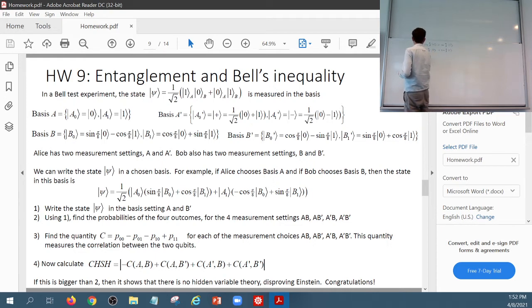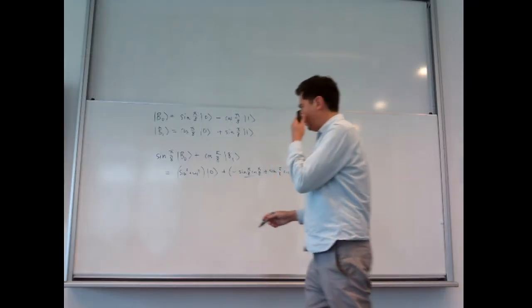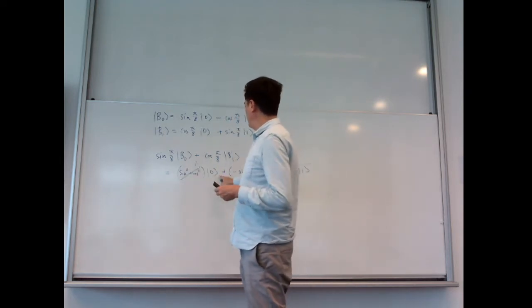Sine pi over 8 B0 plus cosine pi over 8 B1 is going to be like a sine squared cos squared term. Sorry, I won't bother writing the angle there. And then minus sine pi over 8 cos pi over 8. And we're adding it, so this one is sine pi over 8 cos pi over 8. So this one cancels out, and this is 1. So basically 0 is equal to that.